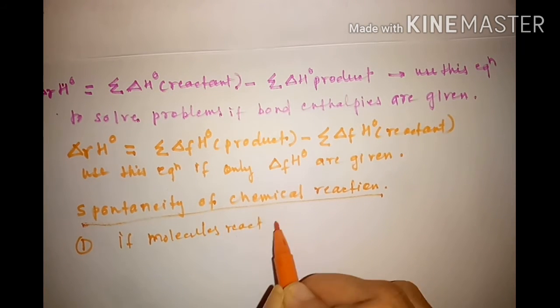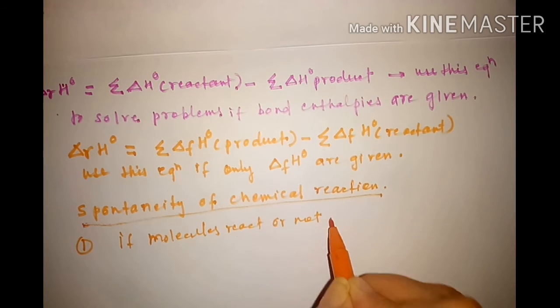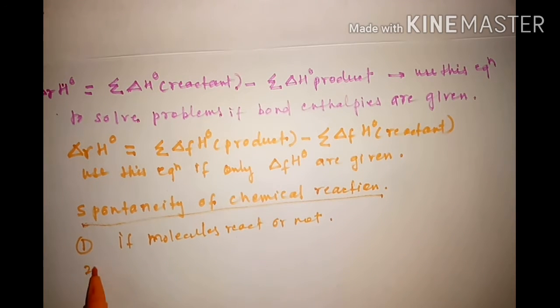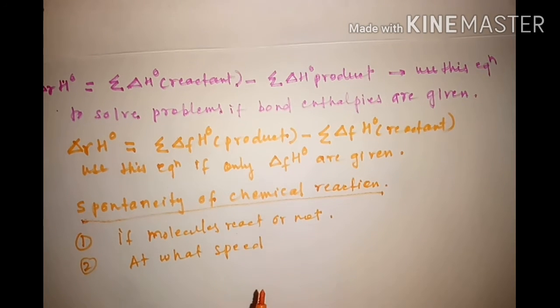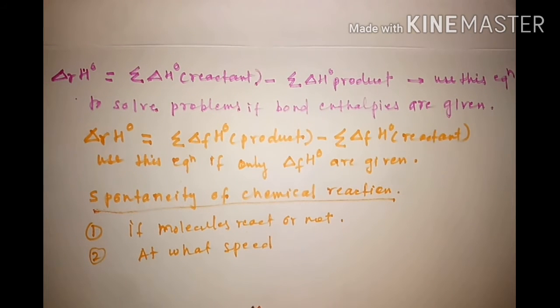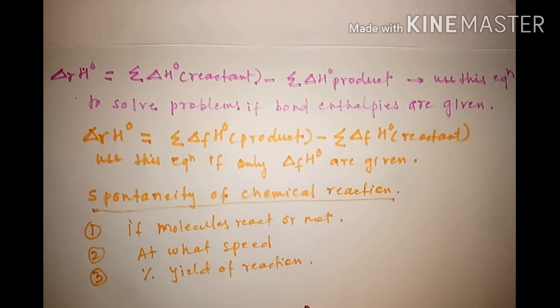Secondly, if they react together, at what speed, that is, the rate of the reaction. Third, whether the whole amount will be converted into product or not, that is, what will be the percentage yield of the reaction. So these three questions might arise when you talk about any chemical reaction.